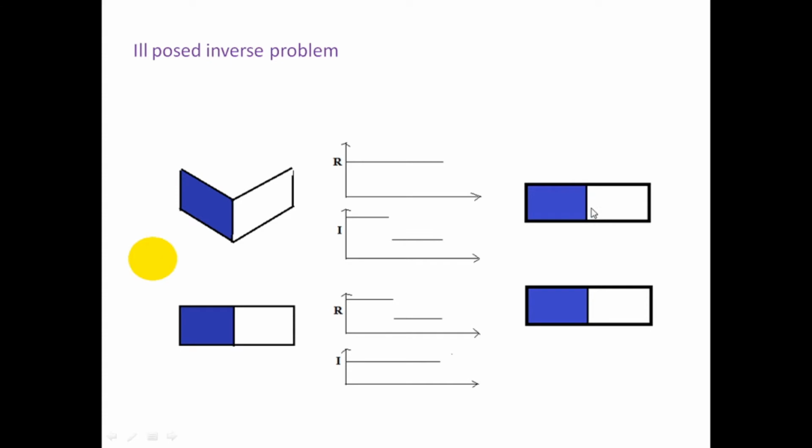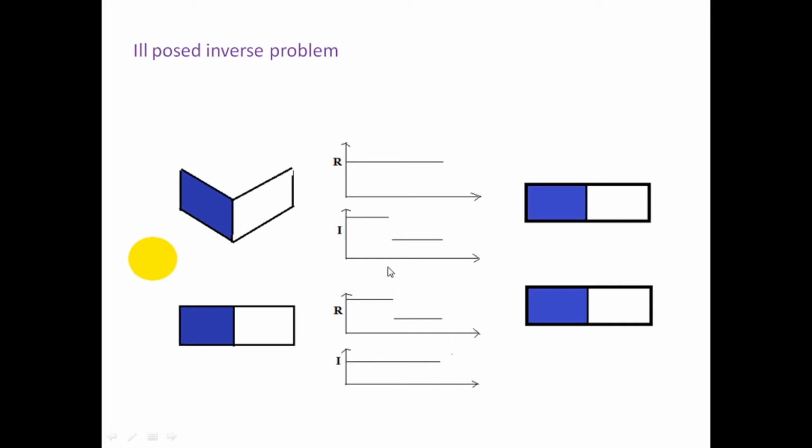So I have got my 2D image in this manner here, and if the same source of light strikes these two surfaces, I will get my reflectance as well as my illuminance plot in this manner. And after capturing this scene through a camera, I will get my 2D images in this structure. So by using these 2D images, can I exactly get the information about the 3D scene I have captured?